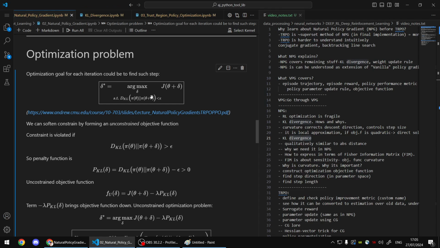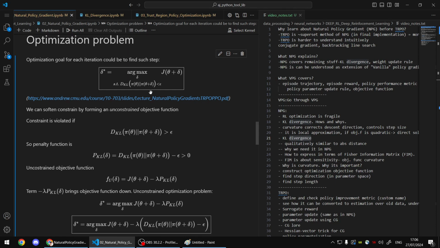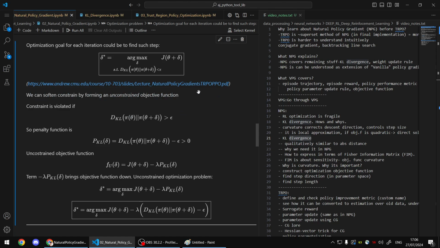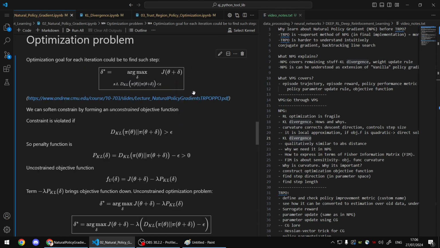So yeah, we want to find the maximal possible change in policy that will increase our performance, but we don't want to be overconfident with this step size. But this is kind of constrained optimization.